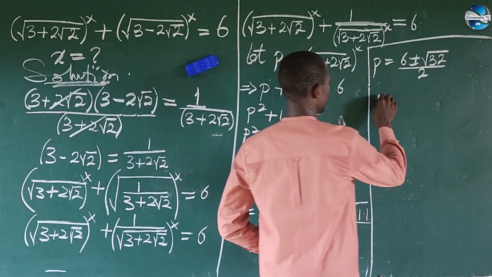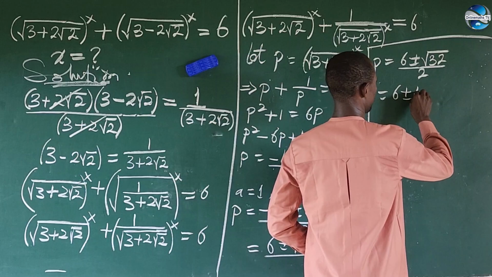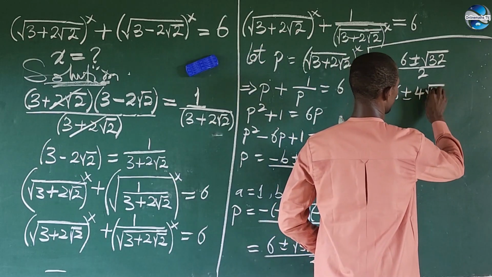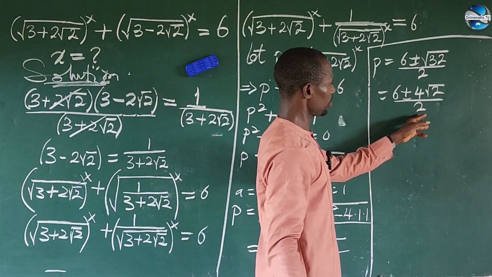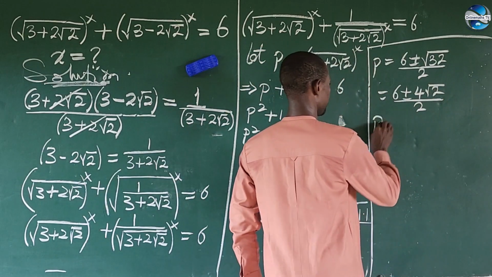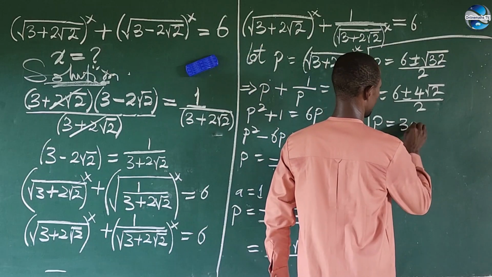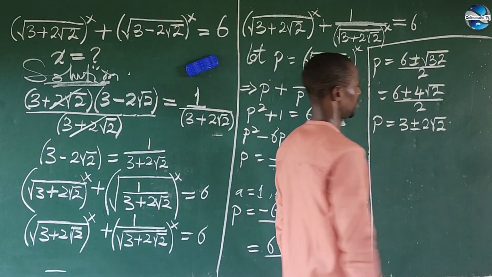So we can rewrite this as 6 plus or minus 4 times the square root of 2, all over 2. If we factor out 2 here, then this expression will now give us P is equal to 3 plus or minus 2 root 2.